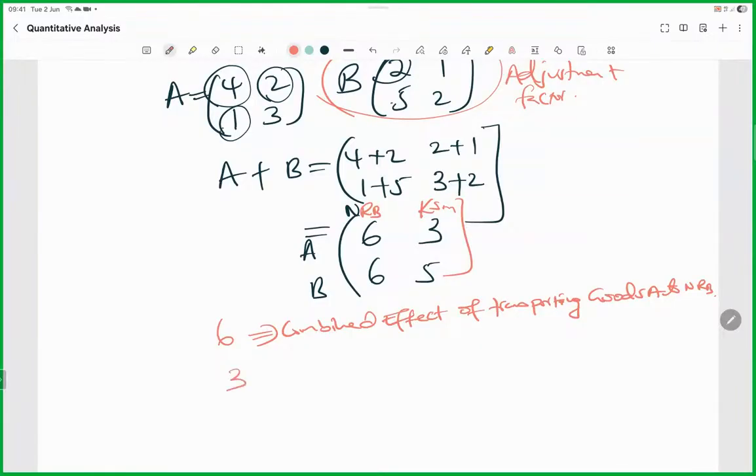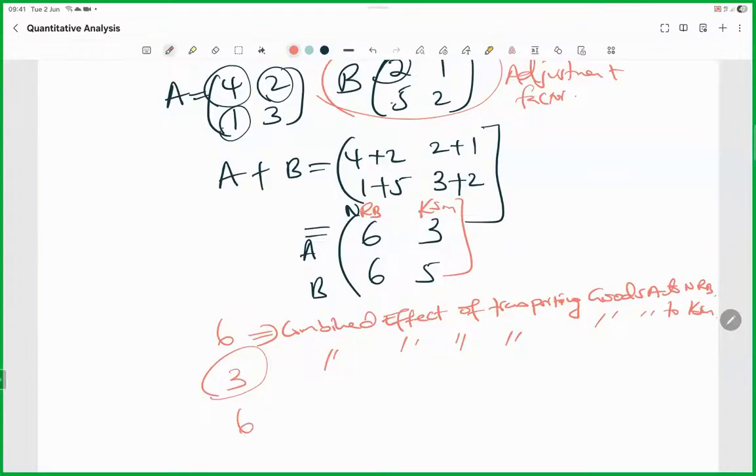The 3 will be the combined effect, combined because we added, of transporting goods A, but this time to Kisumu.